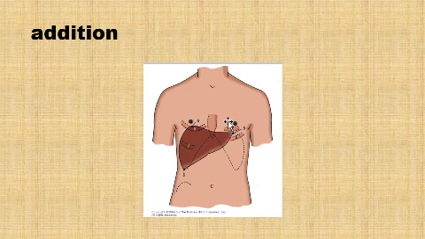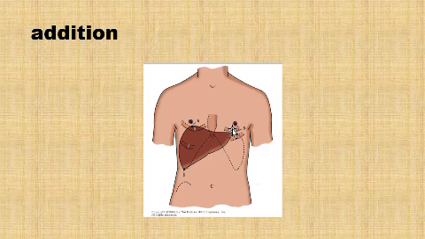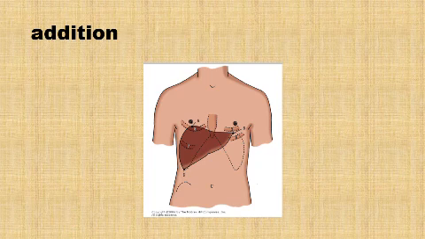There are three points: A, B, and C. Point A is 1 centimeter below the right nipple.